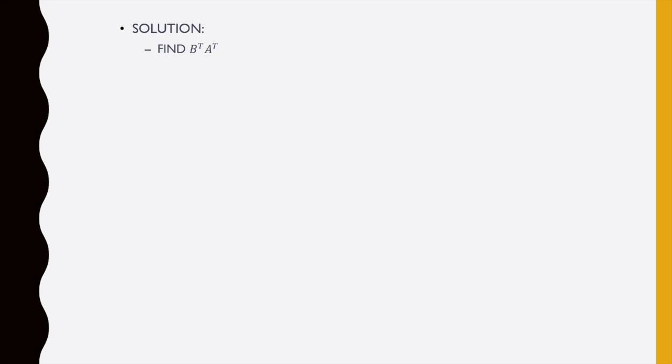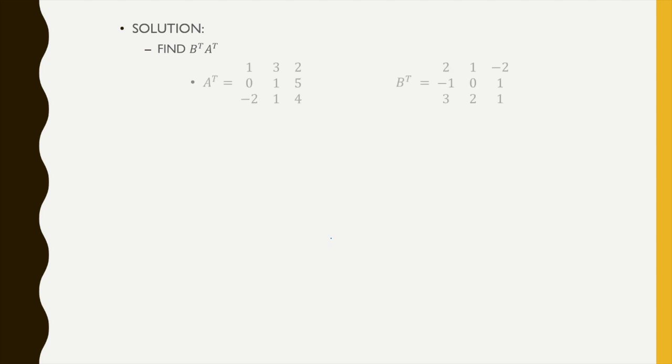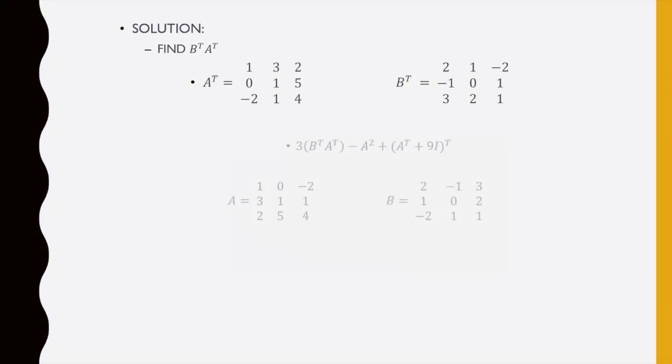Getting the transpose of matrices is easy. You just have to remember that the rows become columns and the columns become rows, as you can see in this video. The columns of A will now become the rows of it and vice versa. That goes the same for matrix B.